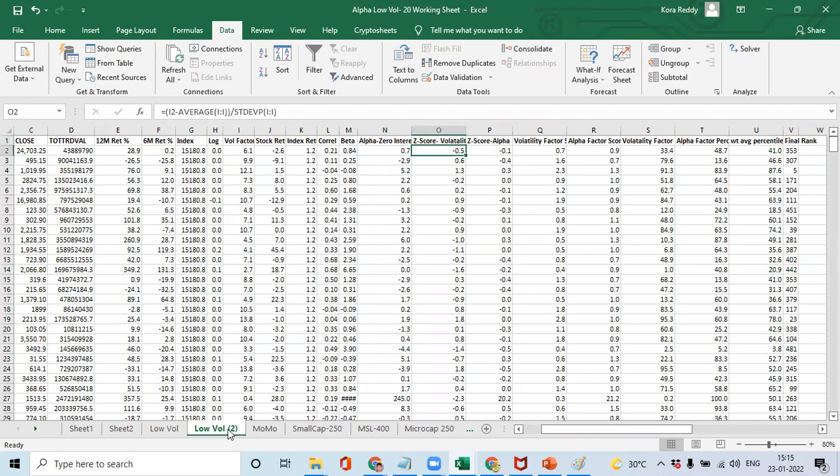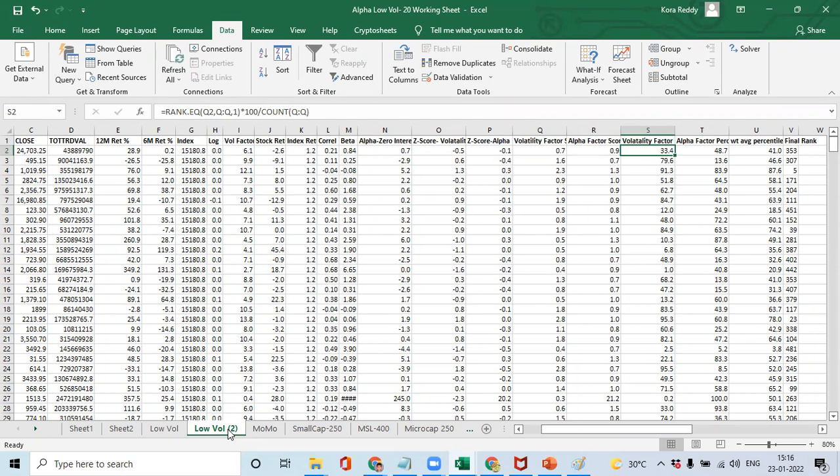Now Z score of volatility, Z score of alpha, and volatility factor score. That is normalizing. If it is a negative number, 1 divided by 1 minus. If it is a positive number, 1 plus. That's how you normalize. You normalize alpha factor as well. Then the percentile amongst the volatility factor.